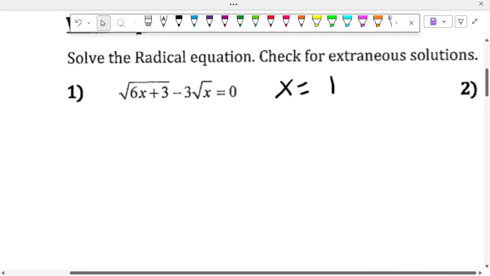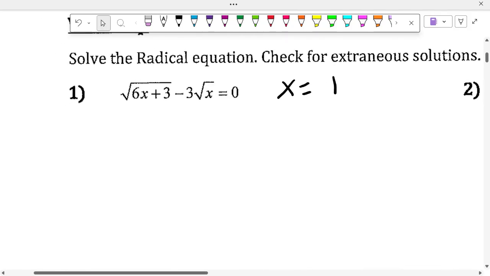All right, so number one. So we have two radicals that we got to take care of. So the first thing you're going to do is get one of the radicals on the other side. So we're just going to add this 3 square root x to both sides.